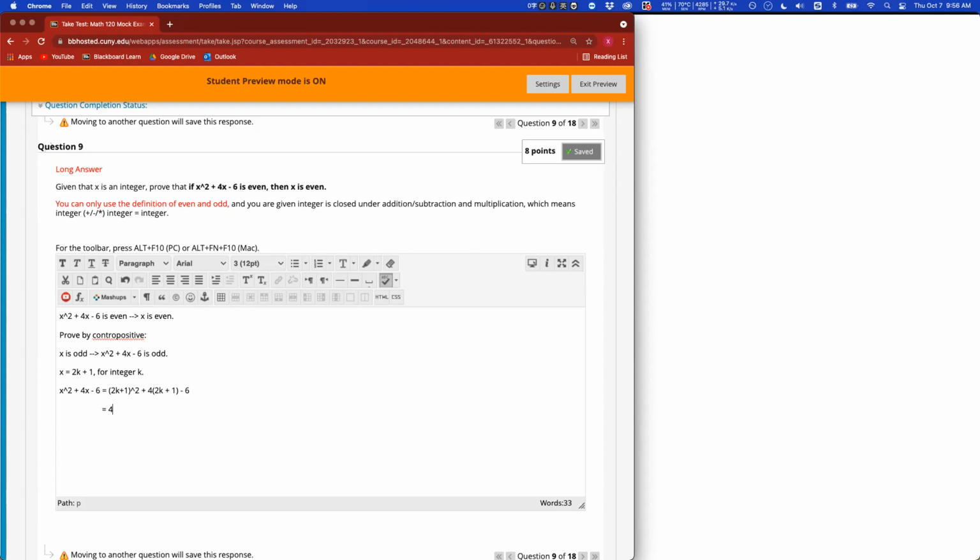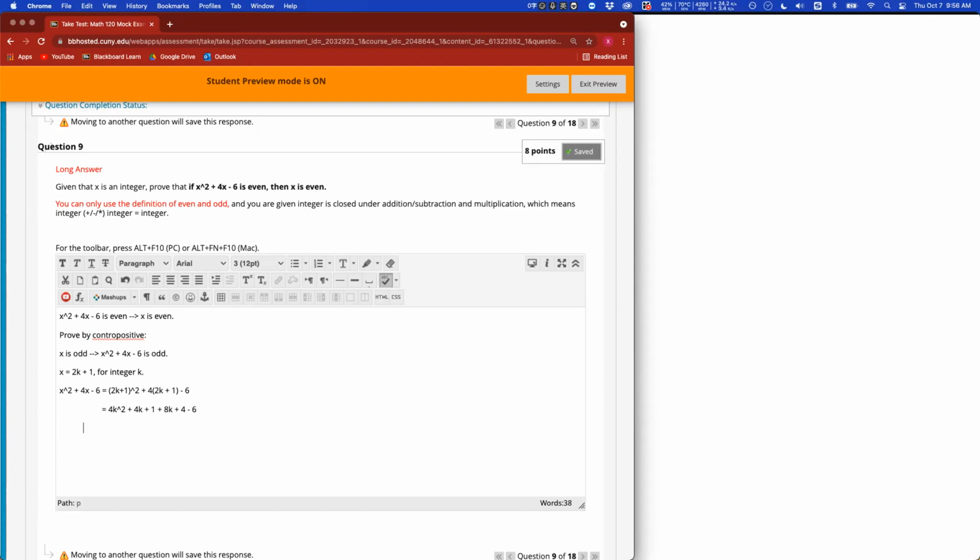Which you can get 4k squared plus 4k plus 1 plus, now you distribute the 4, you will get 8k plus 4 minus 6.